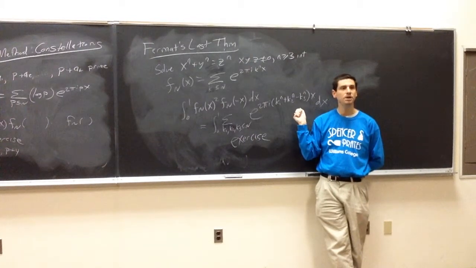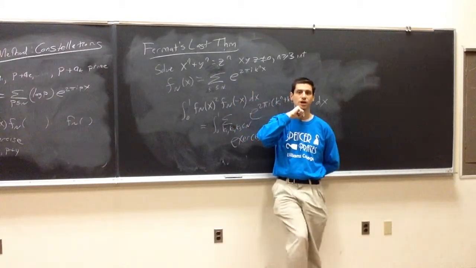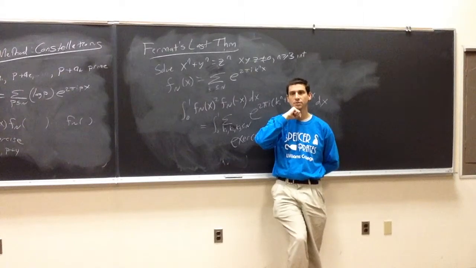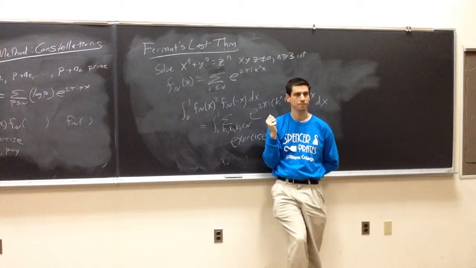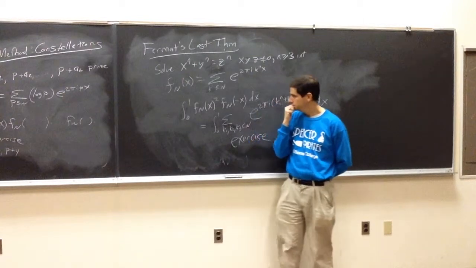But what do you think we might be able to prove? Showing x to the n plus y to the n equals z to the n is maybe too hard. What might be more amenable?